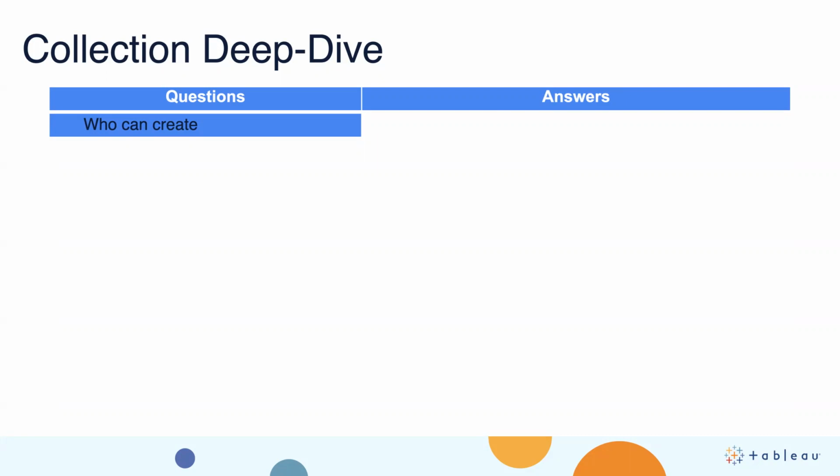A collection is more like a tag. As you view the content, it looks like there are things within the collections, but the collection is just tagging. It's not really a physical place where you can publish to. You have to publish your workbook data source to a project, then you can tag that project with this collection. Think that way. That's a great question, Ali.